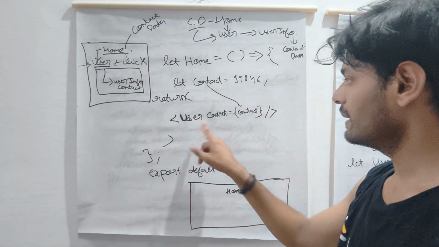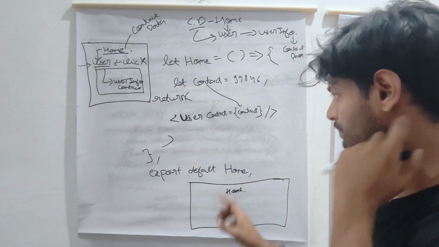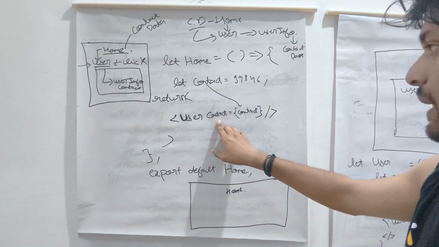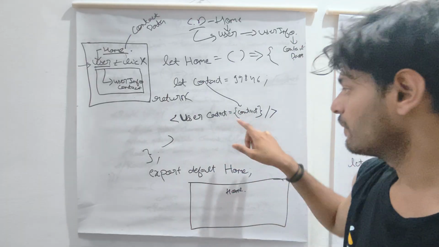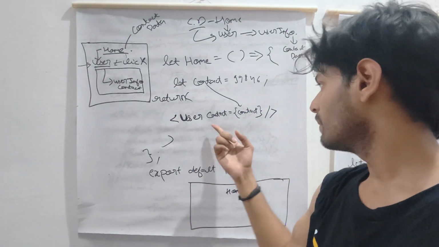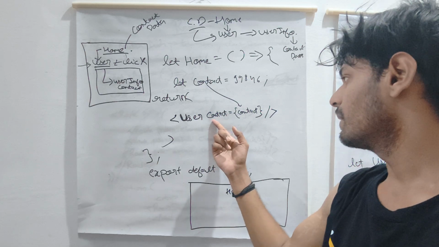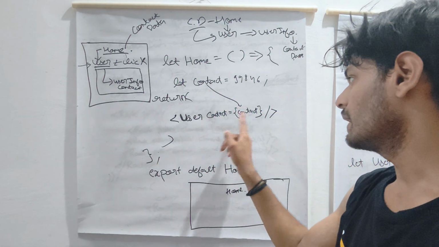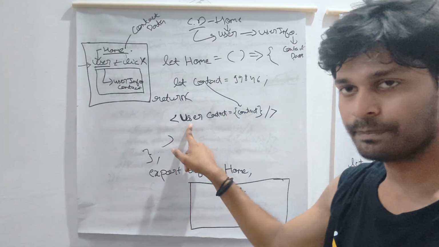User is being returned, but we are not showing the contact. We are passing the contact. This is how we pass data. So I'm taking a variable contact, storing the value of contact inside it, and passing it to user.